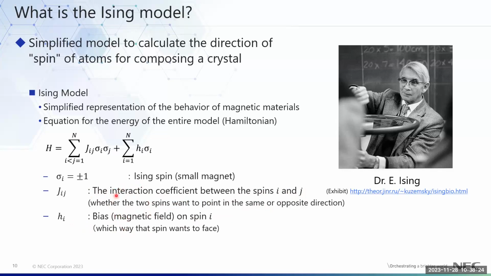So these three variables collectively form the Ising model, and it is written in the form of a Hamiltonian equation. And the Hamiltonian equation is what is required when it comes to preparing your objective function for annealing.